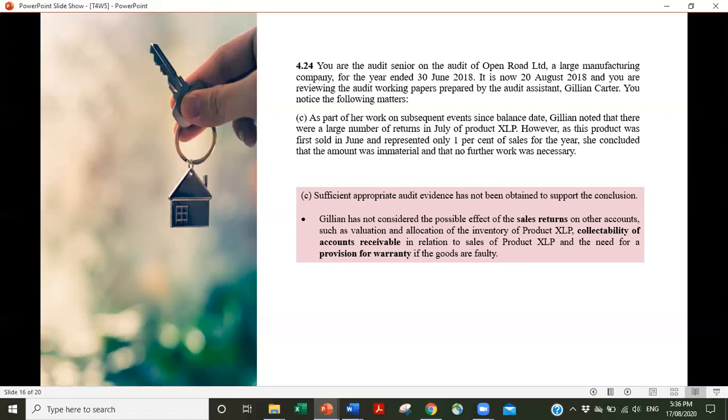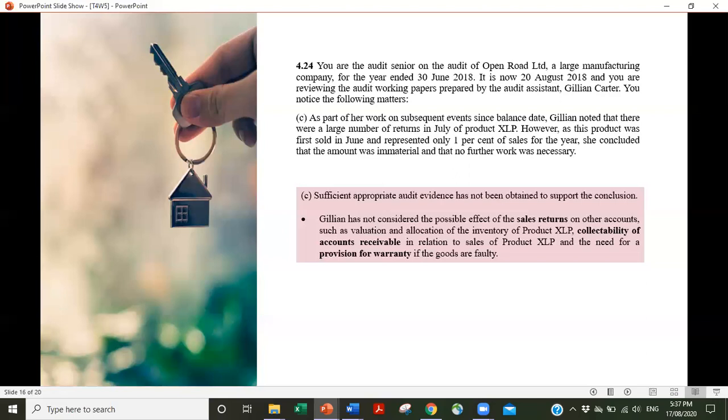And the other thing to remember is if you have sales returns, it's usually about a product that will have a warranty. Now there's a whole standard on the provision of warranties, and that standard requires you to have sufficient information in your provision, in your liabilities in relation to warranties that you need.